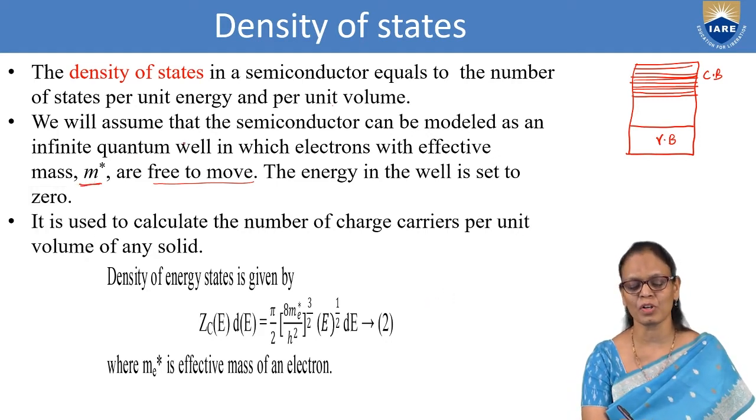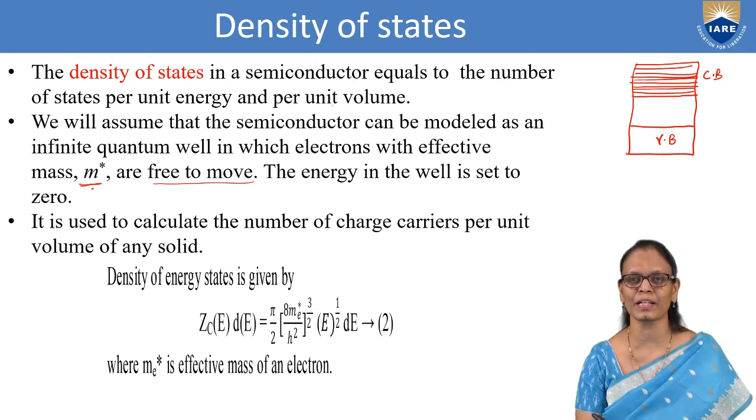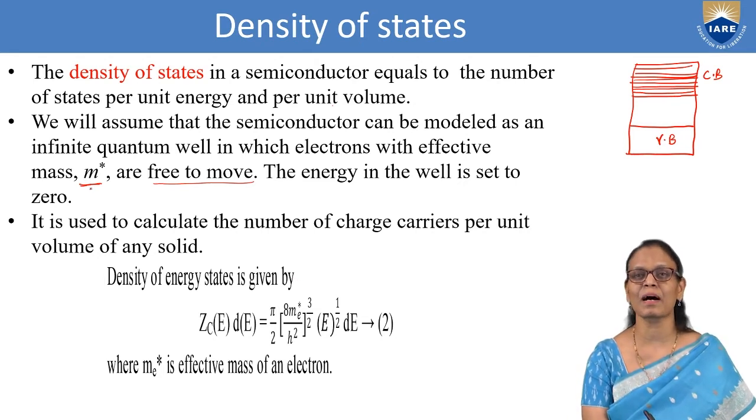Even when we talk about an electron, here we talk in terms of effective mass. Whenever our electron is moving in a periodic potential, we represent its mass by m star, since there may be slight variation. The energy in the well is said to be 0. This we have already discussed.